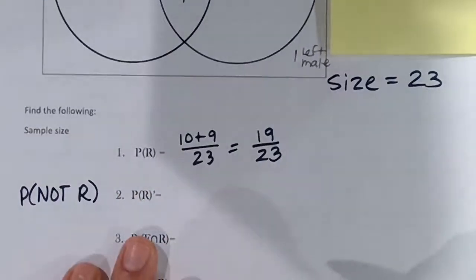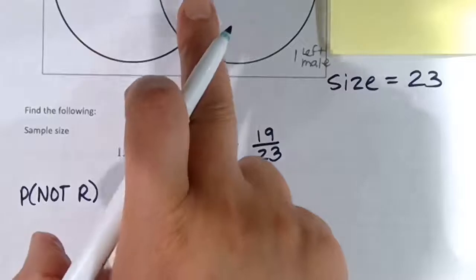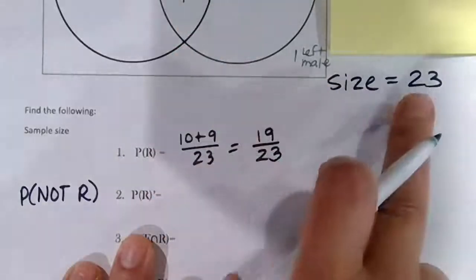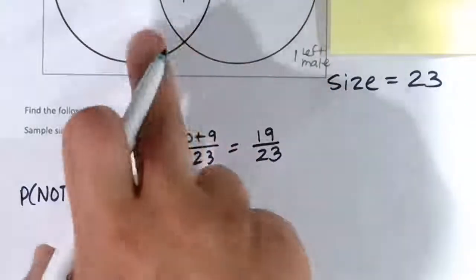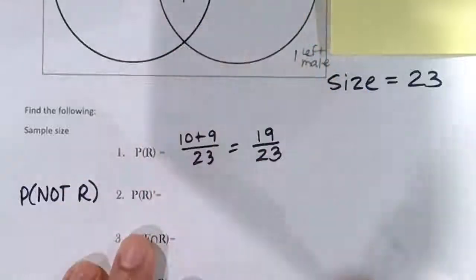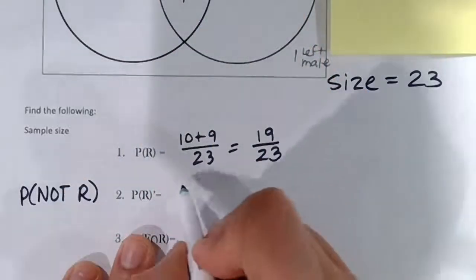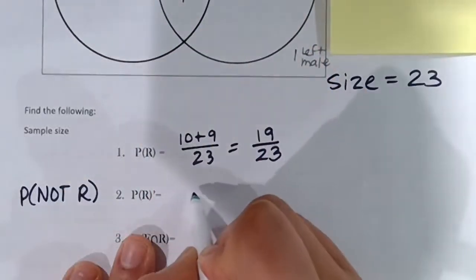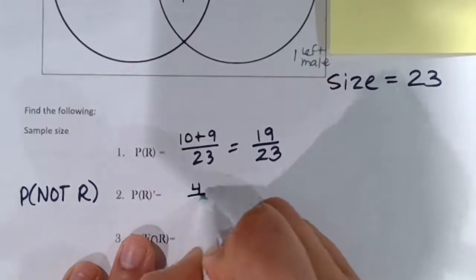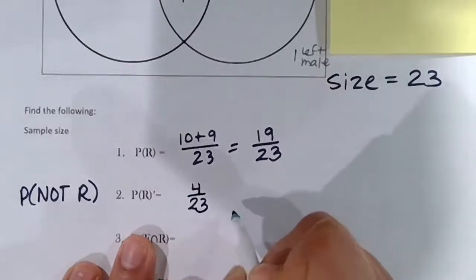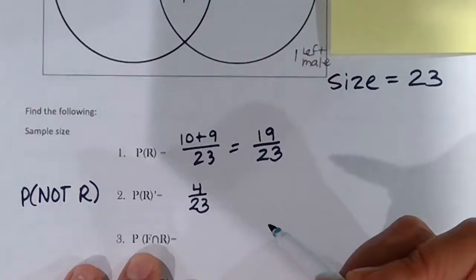The probability that they are not right-handed is going to be, you can actually subtract 23 minus 19, or since you have the diagram, you can also just say it is 4 from 23. Okay, probability that they're not right-handed.